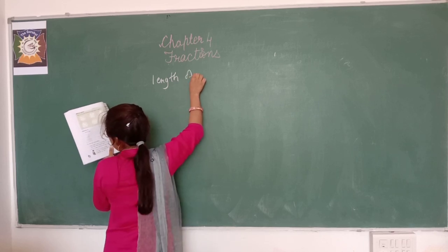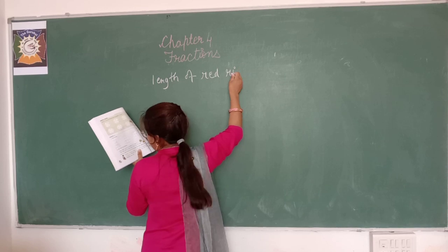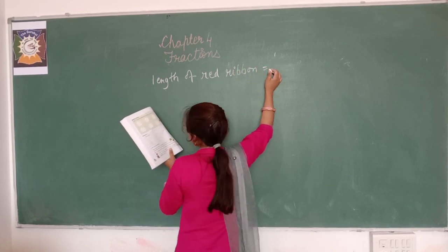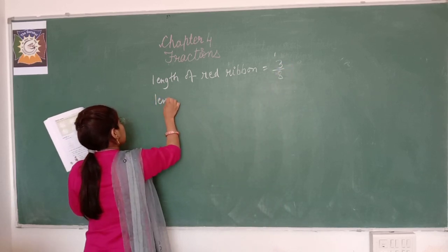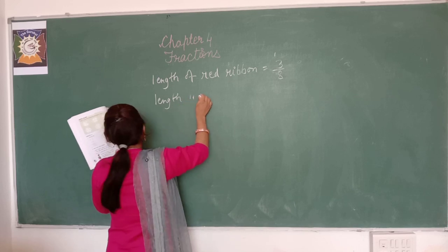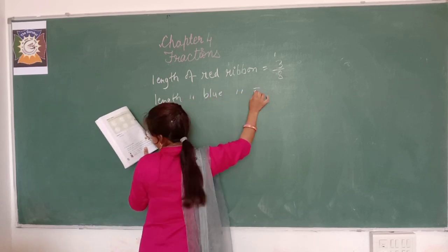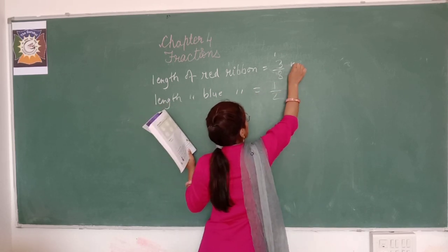Length of red ribbon is equal to 3/8. Length of blue ribbon is equal to 1/2 meter. बच्चे, now what is the total length of the ribbon?